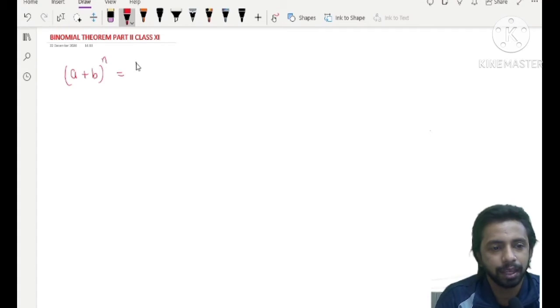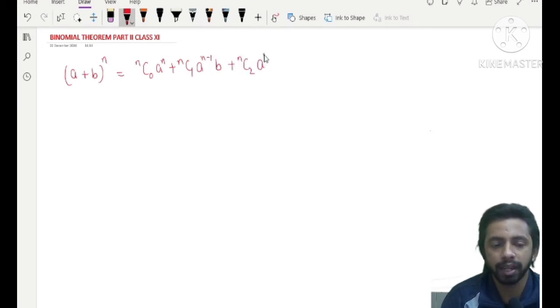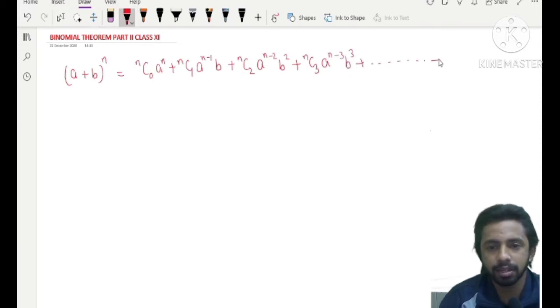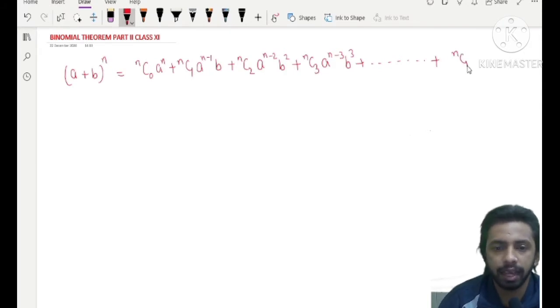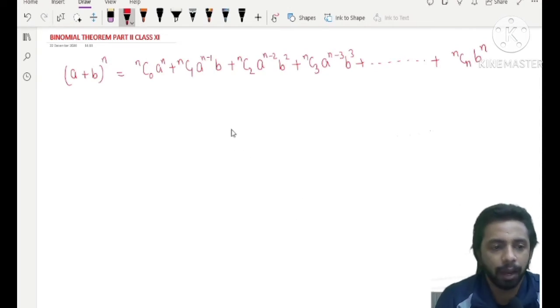This is nC0 a to the power n plus nC1 a to the power n minus 1 times b plus nC2 a to the power n minus 2 b square plus nC3 a to the power n minus 3 b cube, and so on. The last term that you get is nCn b to the power n. This was the binomial expansion of a plus b to the power n. This we proved in the previous video also.